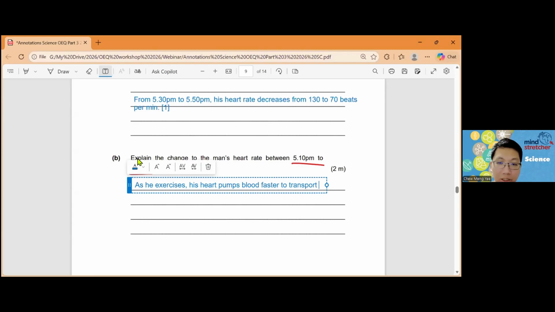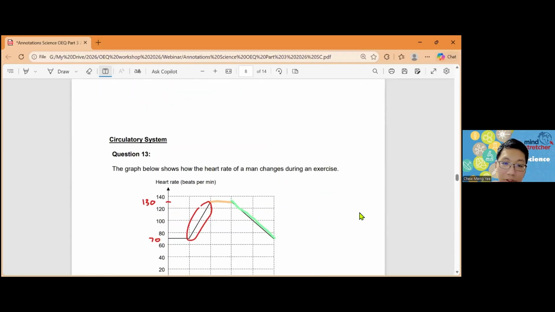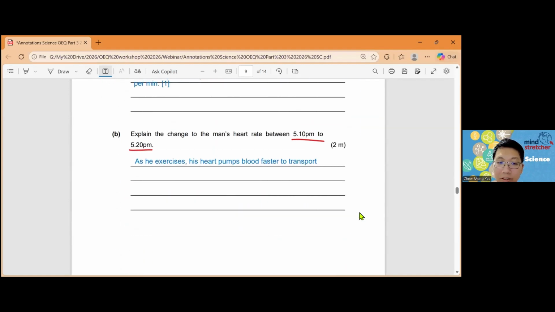So it pumps blood faster, and that helps to transport. Now, what are we transporting here? The main thing to talk about here is what is needed for exercise. Actually, there are a few things to link here. So maybe before I continue, let me explain first. Heart rate increases, definitely this shows that he is exercising. But what do you need for exercise? What is needed for exercise is energy. Where does energy come from?